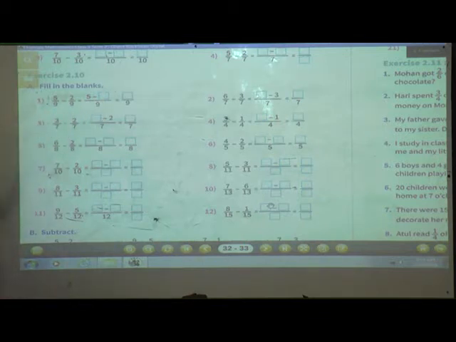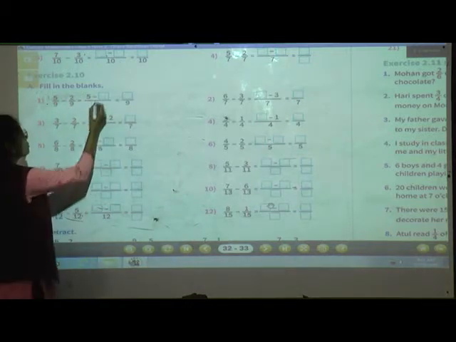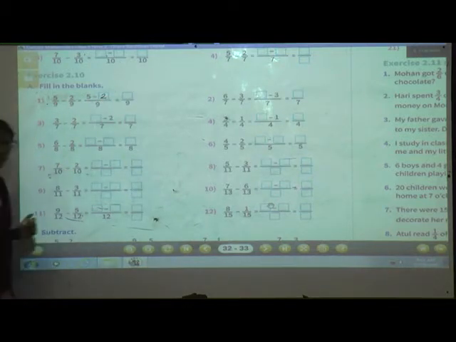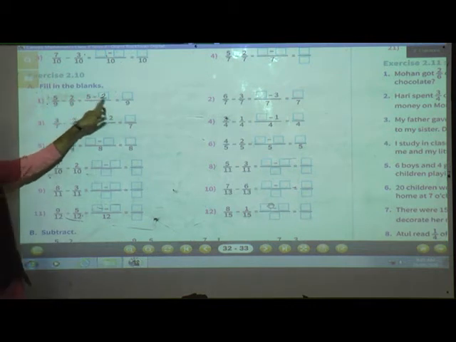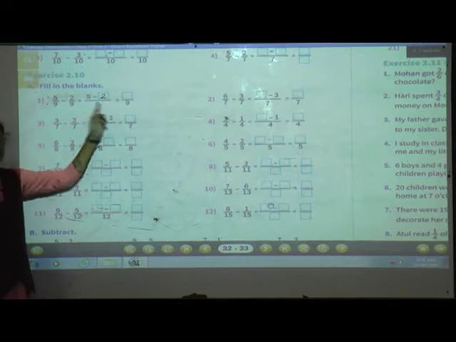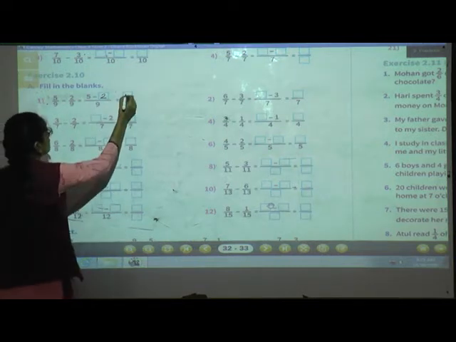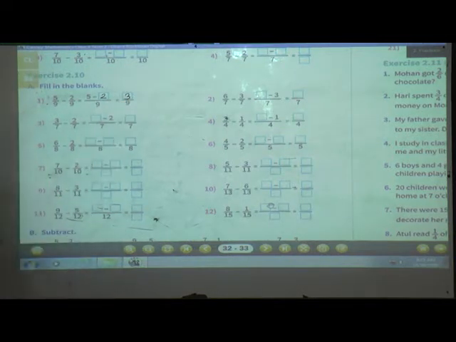In the second fraction, what is the numerator? 2. Okay, so 5 minus 2 by 9. Say 5 minus 2 by 9. Now do the subtraction. 5 minus 2, very easy it is. 3 by 9. So what is the answer? 3 by 9. Clear? Okay.